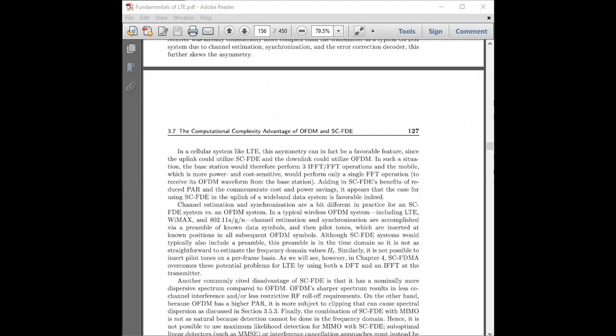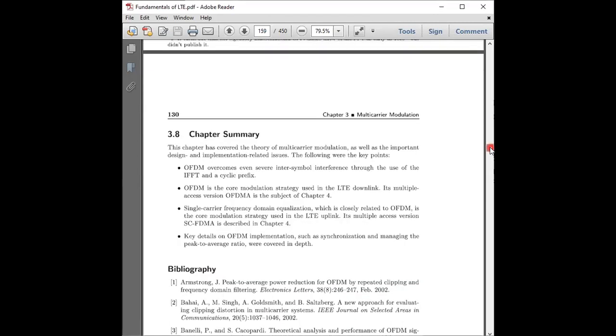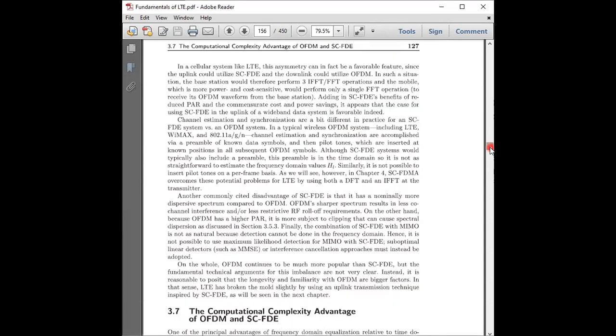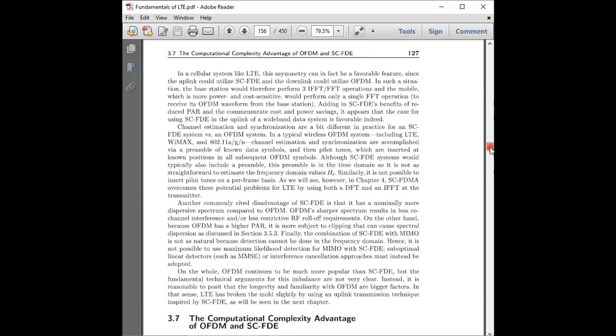What it says is another commonly cited disadvantage of SC-FDE. Advantage, that's an advantage of SC-FDE. There is a disadvantage. SC-FDE has its share of disadvantages also. So apparently one of the disadvantages of SC-FDE is you cannot use it comfortably with MIMO technology, right?